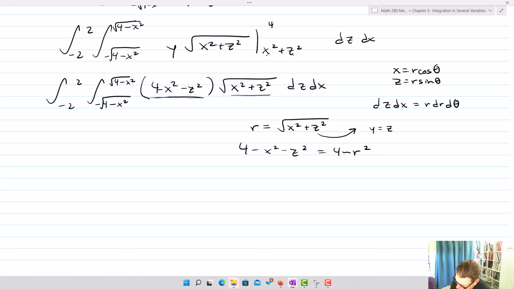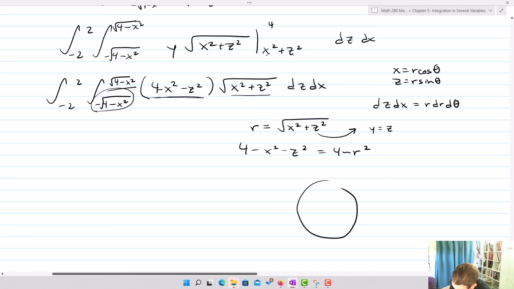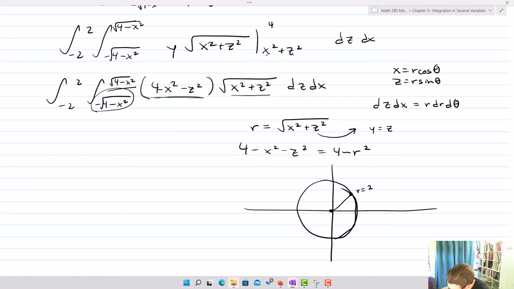Now we look at this, negative the square root of 4 minus x squared, all the way up to the square root of 4 minus x squared. If you think about this, this is a circle. In fact, we don't need to just sit here and think about this. Remember that we actually had a circle here, and this is a circle of radius 2. That's x squared plus z squared equals 4.